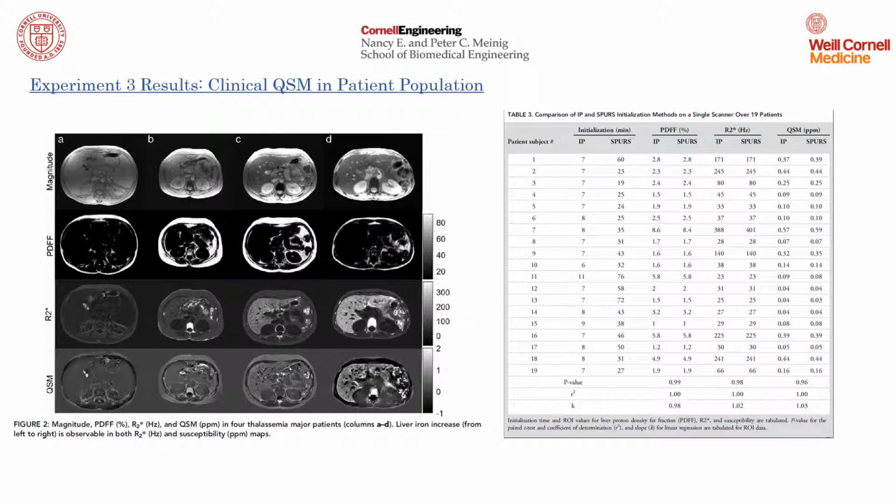We performed ROI analysis in PDFF, R2 star, and QSM in 19 subjects. The t-test and the regression analysis show a very good correlation among them, while IP is about 5.3 times faster than the existing SPURS method.